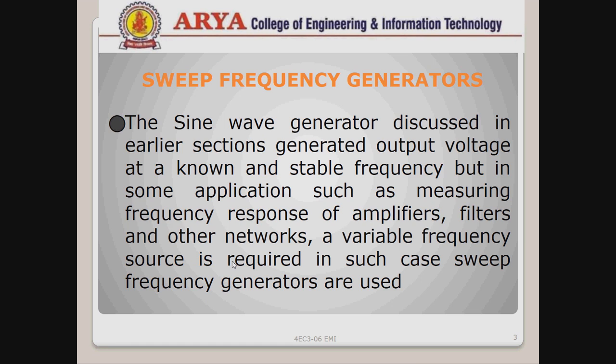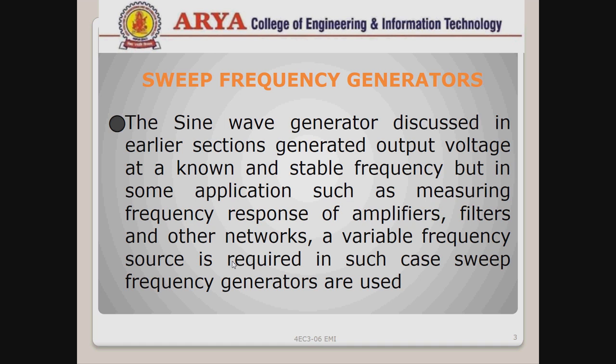In such cases, we use sweep frequency generators. Cases may be measuring the frequency response of amplifiers, filters and some other networks. In these cases we require a variable frequency source, so we use sweep frequency generators.